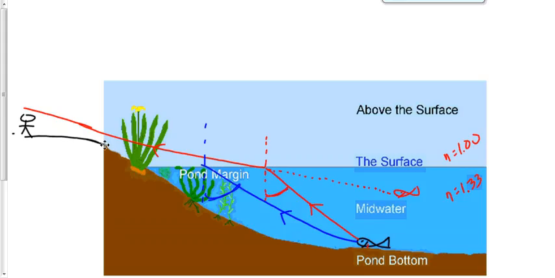Because we're going from water to air, or high to low index of refraction, and that's a pretty big theta 1, we may actually exceed the critical angle right now. If that angle, that blue one, is bigger than the critical angle, then that ray of light that we want to refract over here and go into my eyes, it may actually reflect instead.